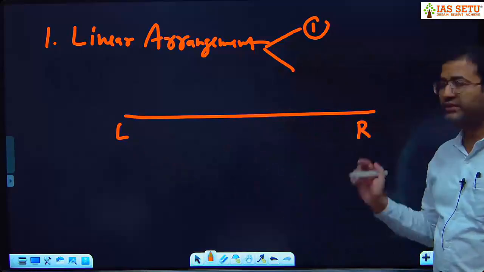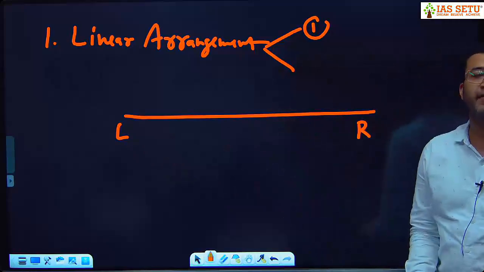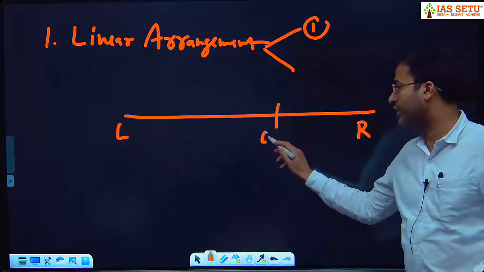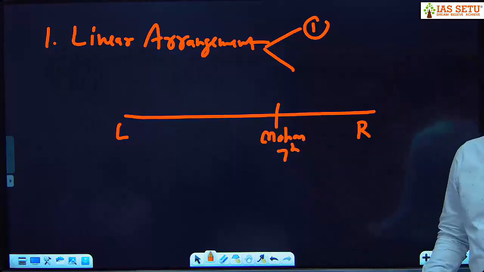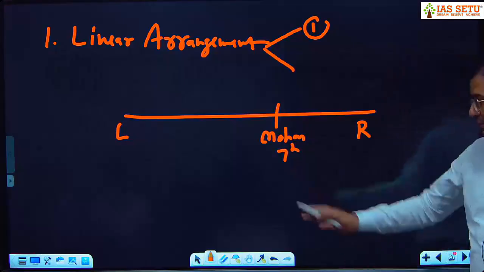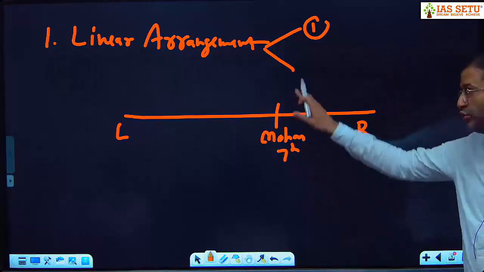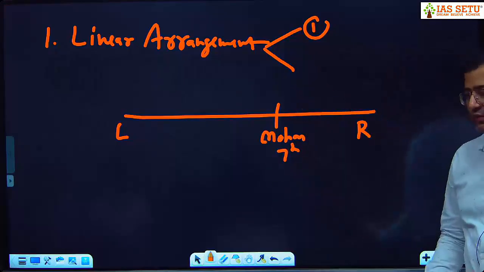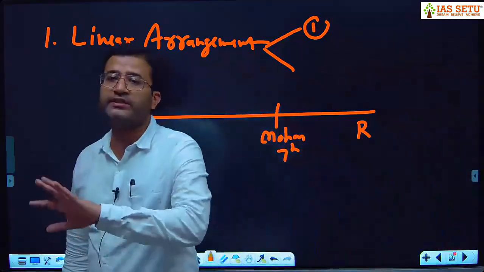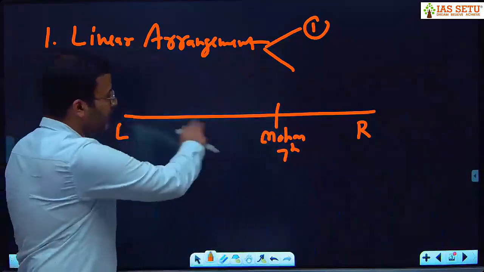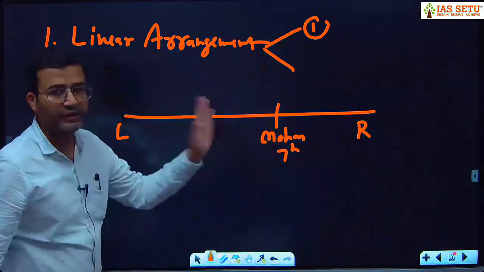Mohan is 7 from the right hand, so you can take this as Mohan, who is 7 from the right. I will tell you the diagram based solution. Let me complete the direction part first. So when there is simple language, you can take a line, left and right, direct.